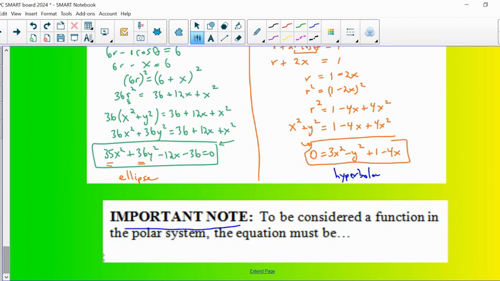To be considered a function in the polar system, the equation must be written as r equals. So if you don't write it as r equals, you're not a polar function. And you might be wondering, are there examples of things that aren't polar functions? The answer is yes, but you can think about that or wait for another lesson.